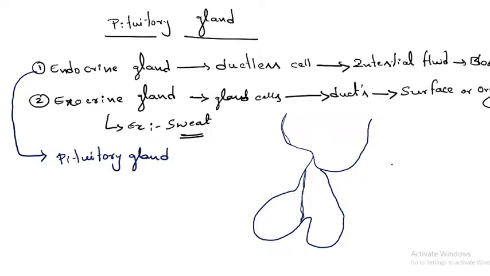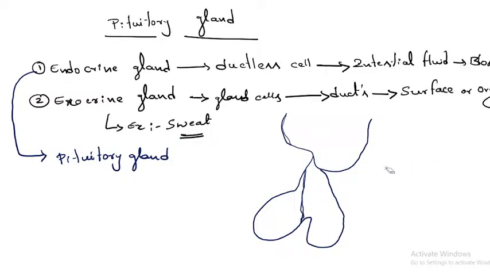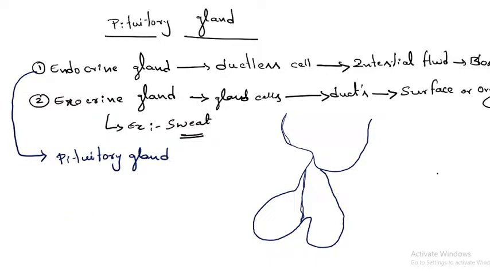The size of the pituitary gland is about 1.5 centimeters in diameter, and the weight is approximately 0.5 to 1 gram.